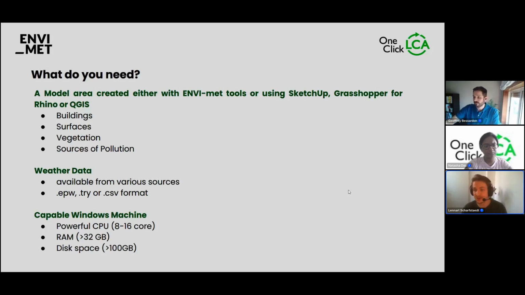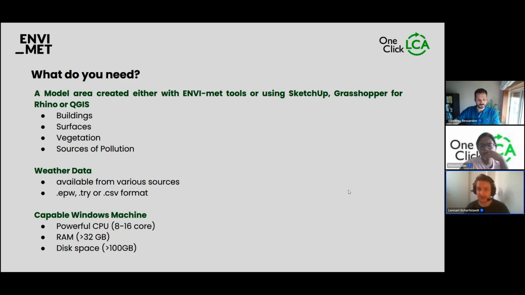You can also create your own weather data with ENVI-met tools, so you're not dependent on finding weather data. But in the optimal case, and it's also available freely from various sources, you can import weather data in the format EPW, TRY, or CSV. So, for example, if you have weather station data, which is widely available, you can use this to perform your microclimate simulation. And then we need a capable Windows machine.